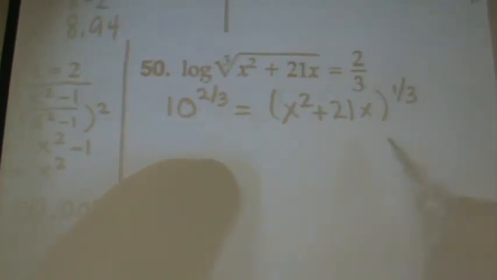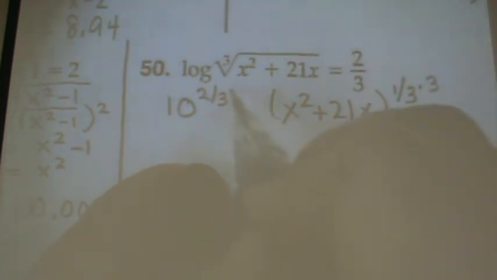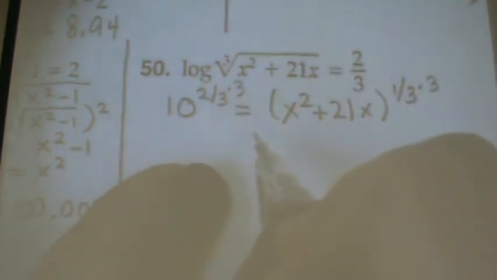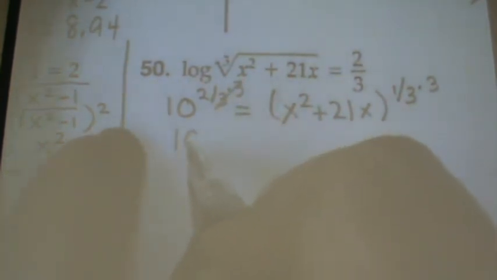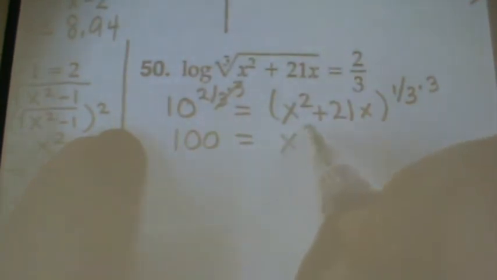Now, can anyone think of a way to get rid of this 3? Did everyone see that I turned this into a rational exponent? If I raise this to the 3rd power and raise this to the 3rd power, you have 100, because 10 squared is 100, equals x squared plus 21x. That wasn't so bad.